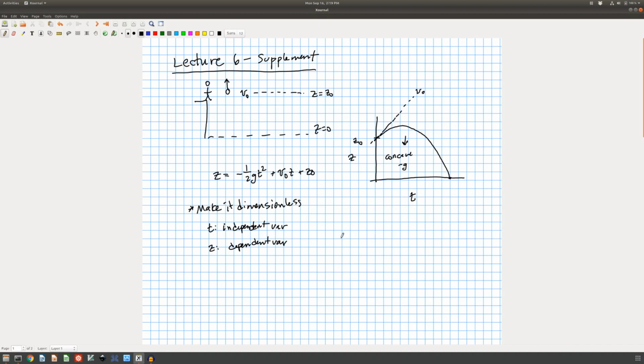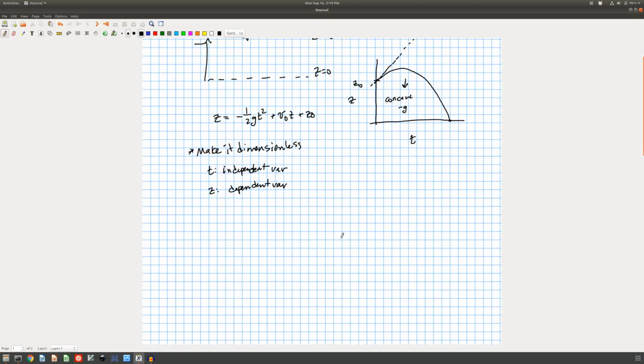What other things exist in this equation? I also have some parameters. z0, my initial height, is a parameter. And v0, my initial velocity, is also a parameter.